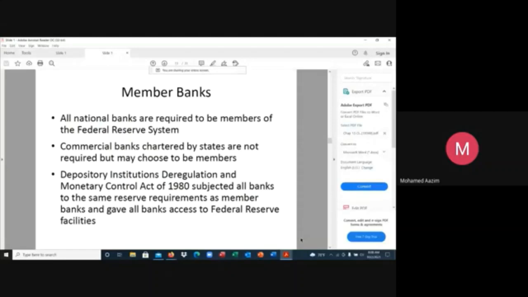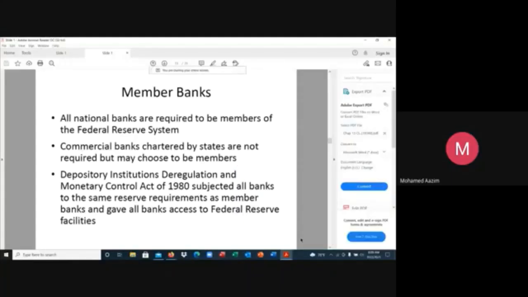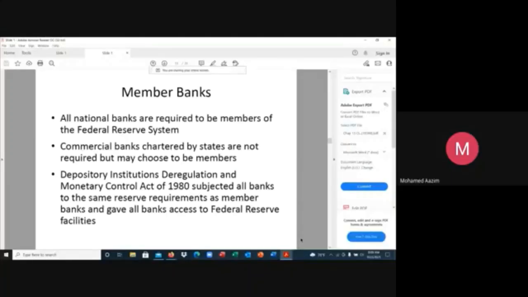Right? Similarly, other countries also have different reserve requirements. As member banks, when you have these reserves maintained with Fed Reserve banks, you have access to facilities extended by the Fed Reserve banks.